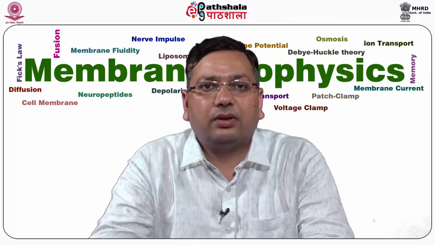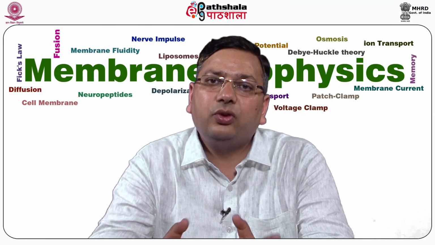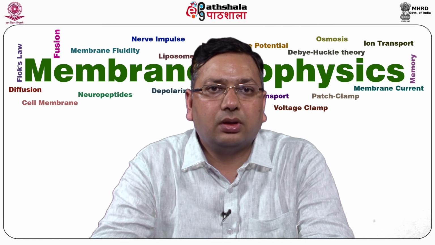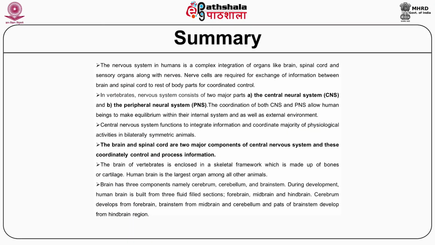So, students, let us now summarize what we have learned from this module. The nervous system in humans is a complex integration of organs like the brain, spinal cord and sensory organs, along with nerves. Nerve cells are required for the exchange of information between the brain and spinal cord and the rest of the body parts for coordinated control.